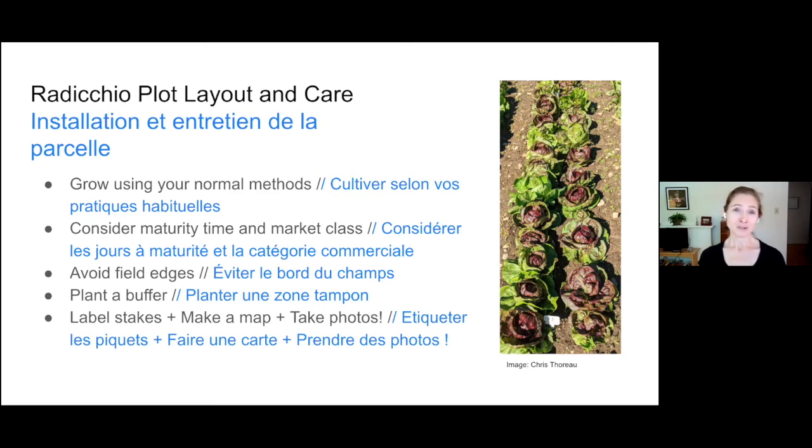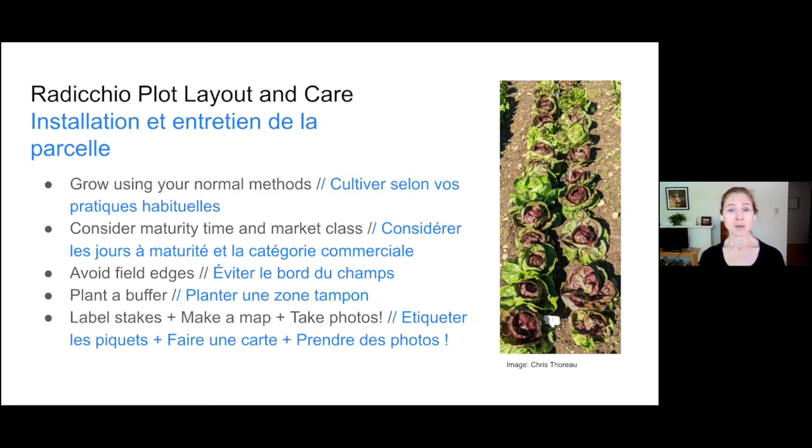It's really important to keep track of what's what. So we sent you stakes with all the trial seed. It's great to label them, and also to be aware that labels, especially in Sharpie marker, can wash off. So if the stakes last all season, it's good to relabel them mid-season if they need to be, because stakes can break or be lost.